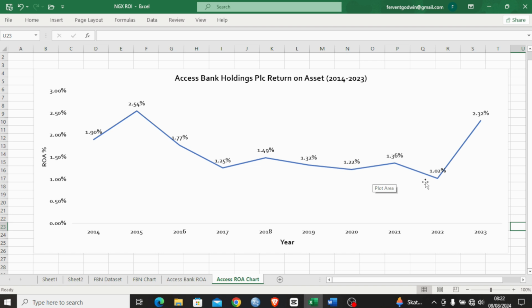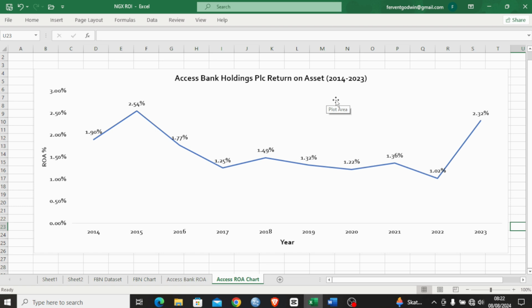So from this chart, we could conclude that Access Bank is doing really well when it comes to generating profit from their assets. The return on assets is a very good metric to look at when evaluating the financial health of a company. And in the case of Access Bank Holding, we have seen that it is very good.